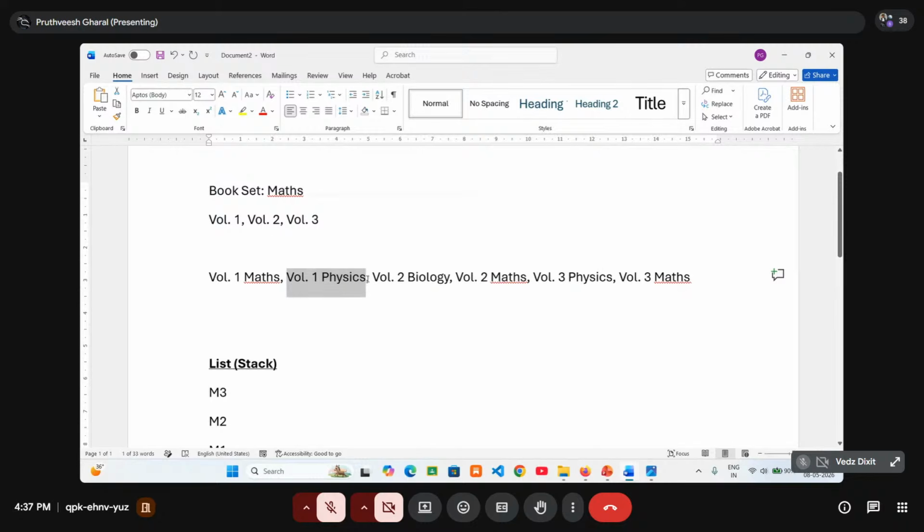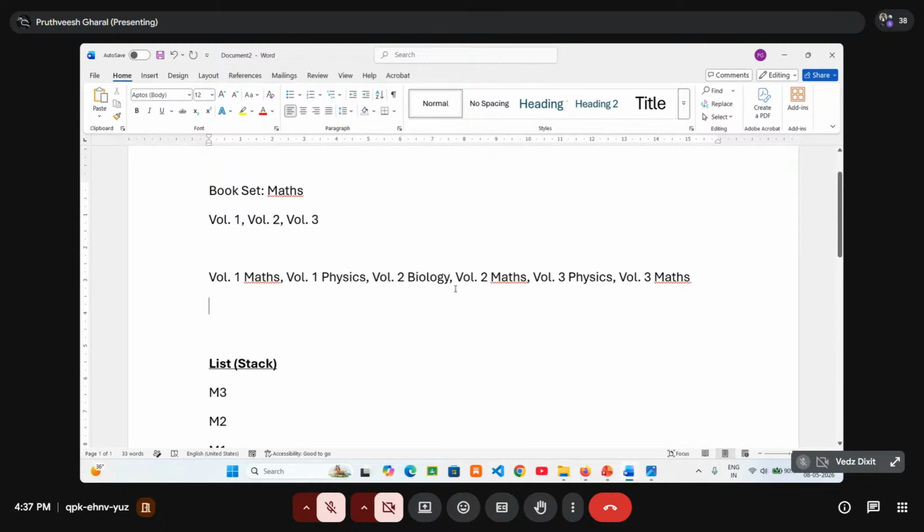Now we'll take the next book, and it is volume 1 physics. It does not matter to us because we are trying to find the next volume in this maths book set. So this input we ignore and we take the next input, volume 2 biology. Volume 2 biology also does not matter to us.